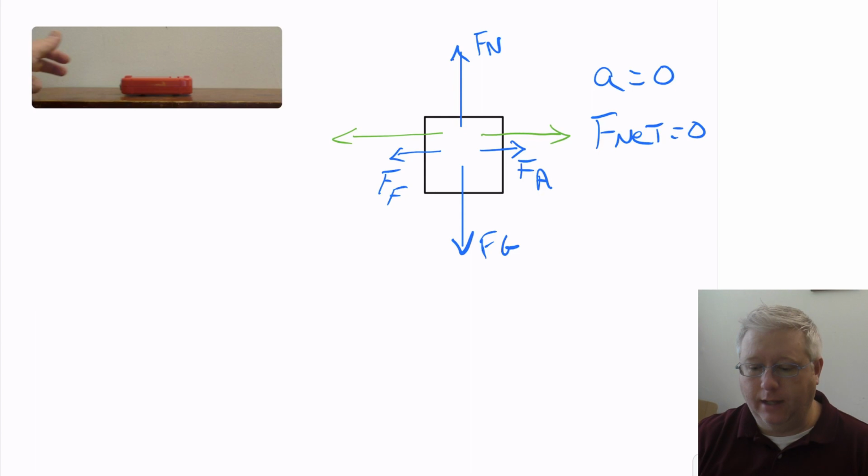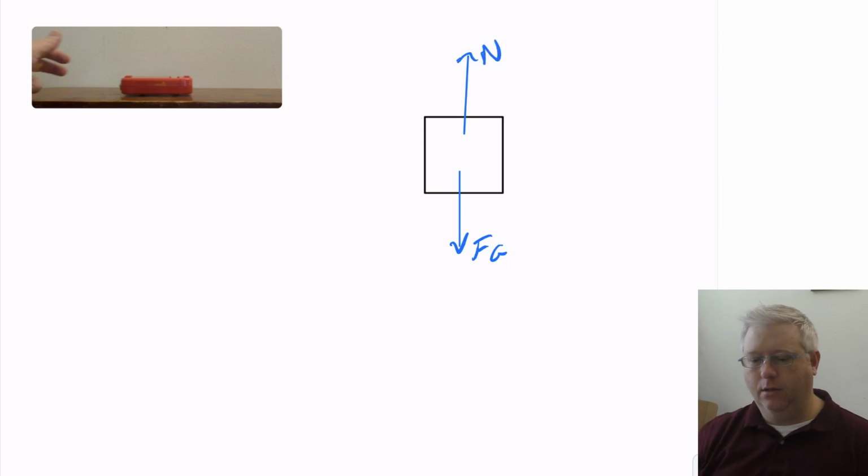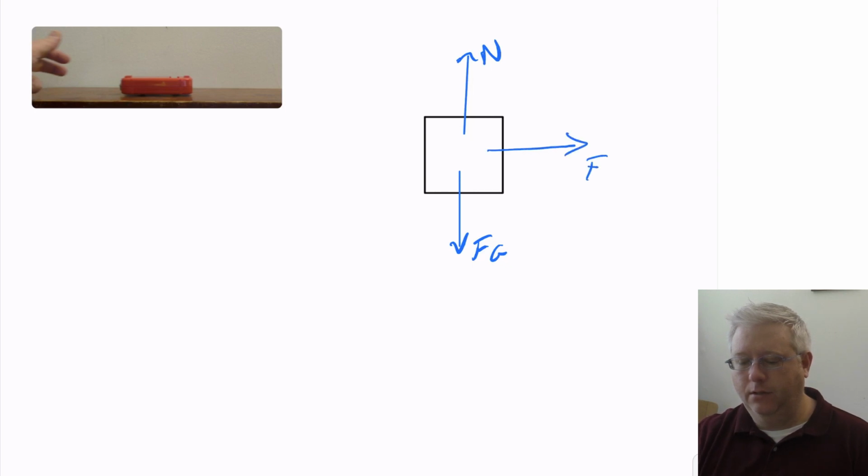So what does that look like? All right, so we have gravity always downward, the normal force the same, upward. Now once it starts moving, we have an applied force, and we still have friction, but now it's kinetic friction, and it's less.